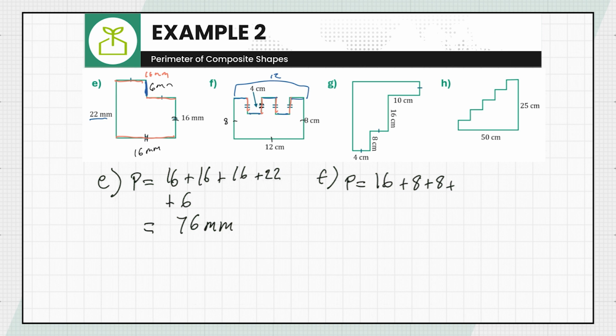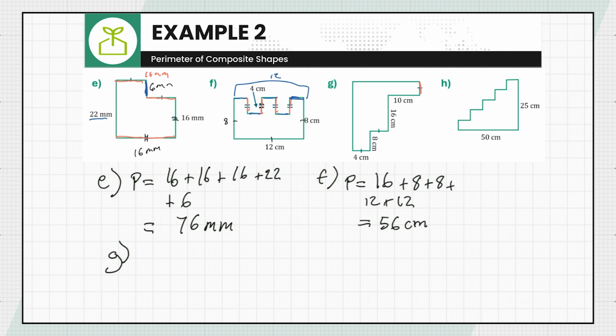So even the ends and the recesses will also equal 12. So we just add on our 12 and our other 12. And if we add all of that together, well, we get 20, 40, 56. 56 centimeters.